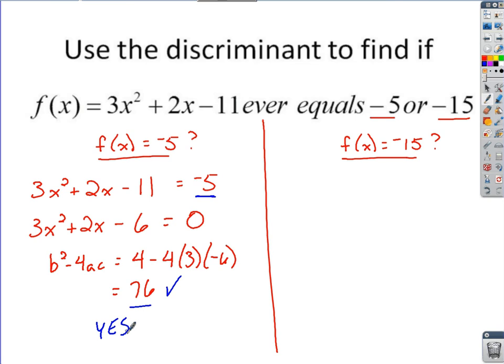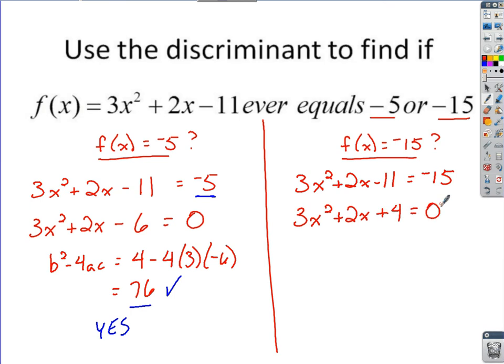So with that same sort of understanding, trying to look at the value of the function being equal to negative 15, start the same way. Take your function as 3x squared plus 2x minus 11, set it equal to negative 15, setting everything equal to 0. Add 15 over. If I add 15 over, got plus 4 here, equals 0.